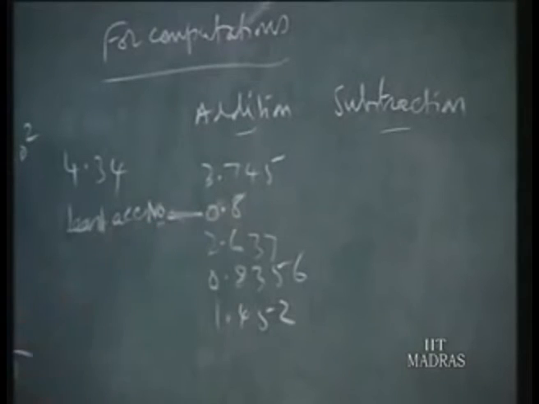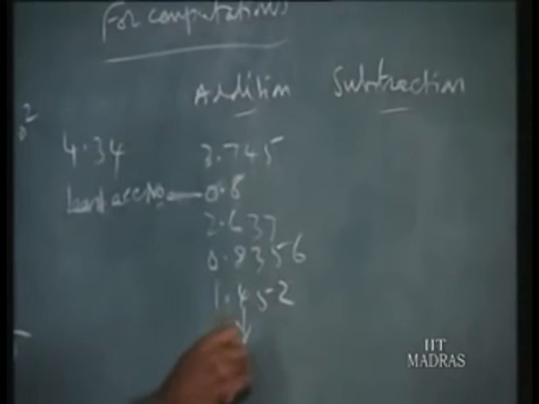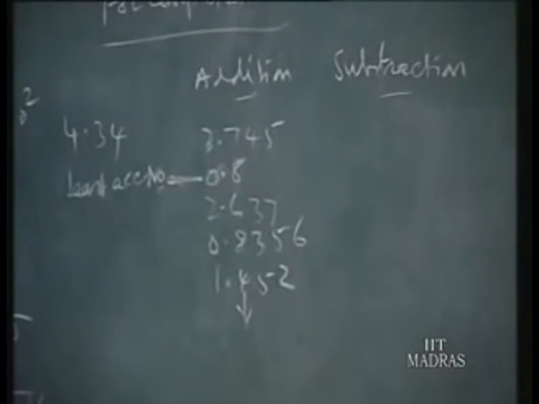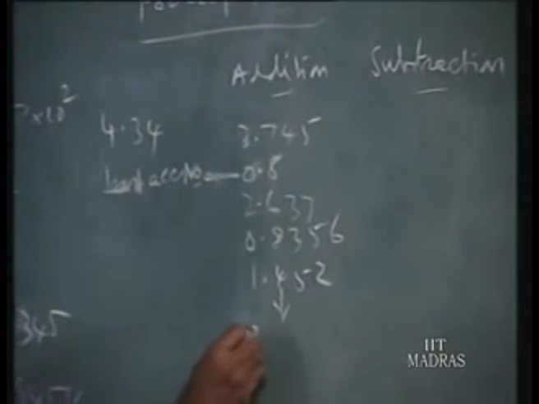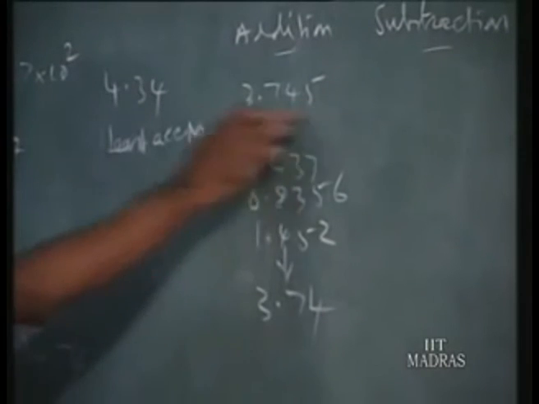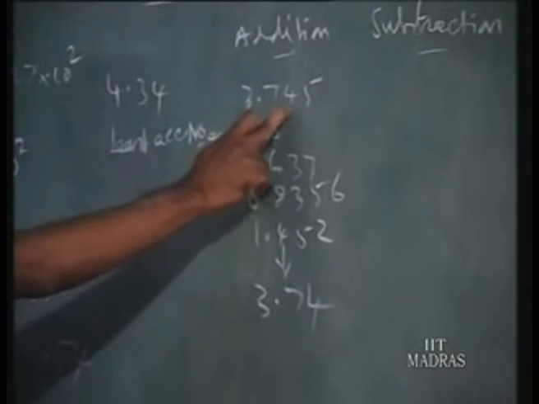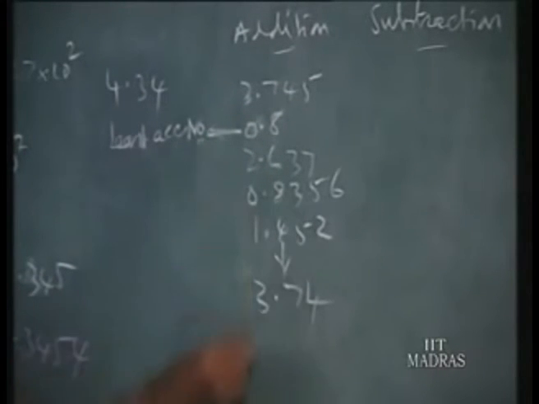Note down the number of decimal places and round off all the other numbers to the next decimal place. So here, we round off to the second decimal place. 3.745 becomes 3.74, because 5 is the discarded number and the desired place is an even number, so leave it as it is. Then 0.8 as it is.